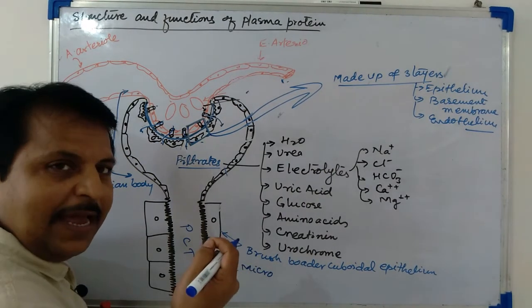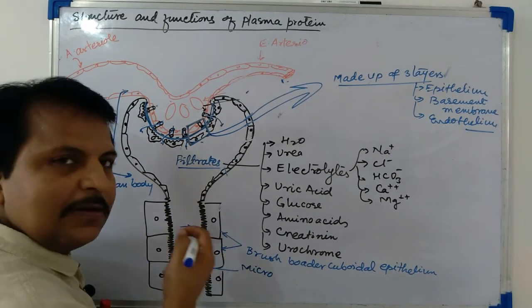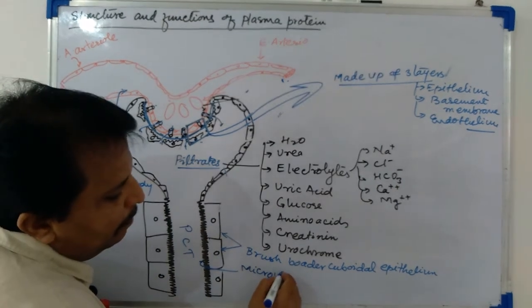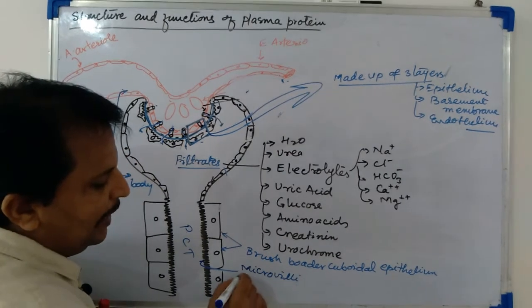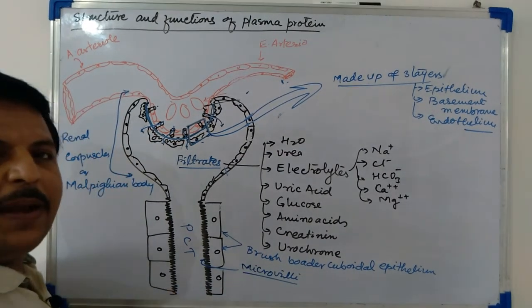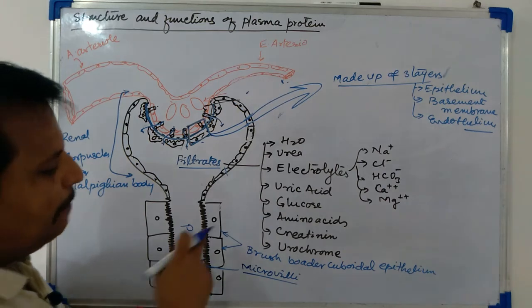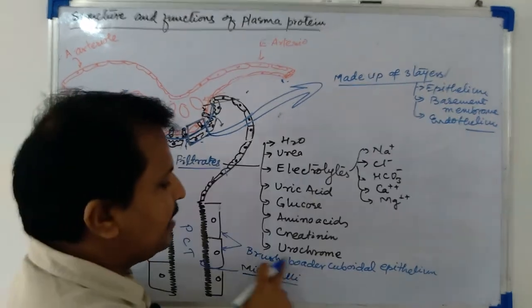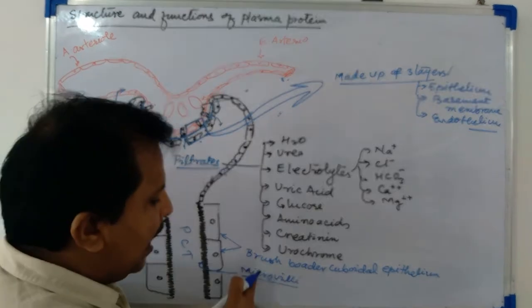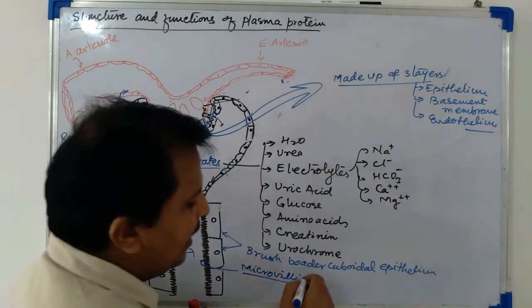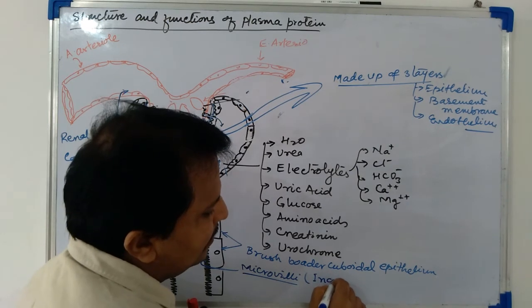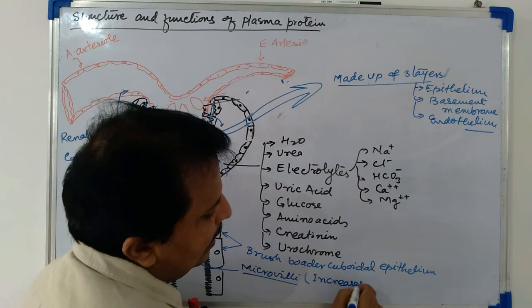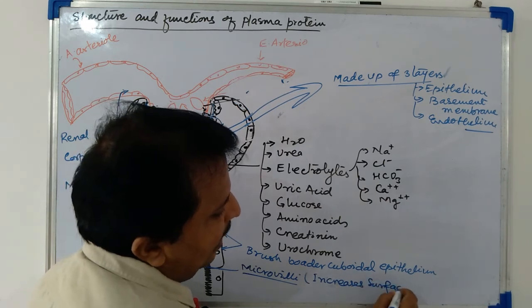These microvilli look like a brush. So these are microvilli on the free surface of the cuboidal epithelium. That's why this epithelium is termed brush border cuboidal epithelium. And what is the role of this microvilli? Increases surface area of absorption.